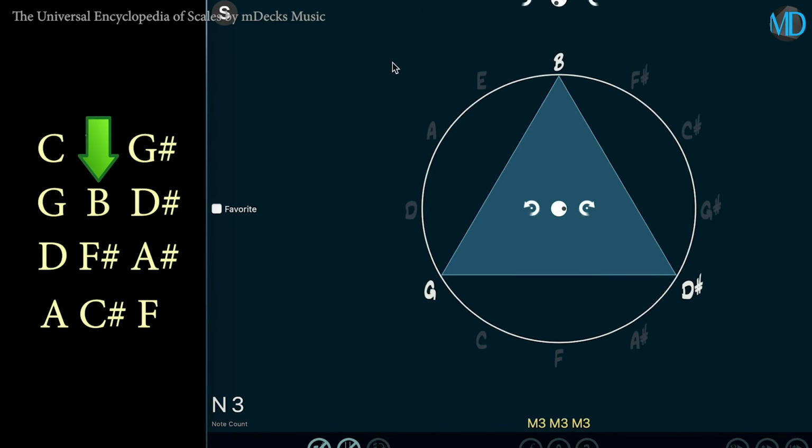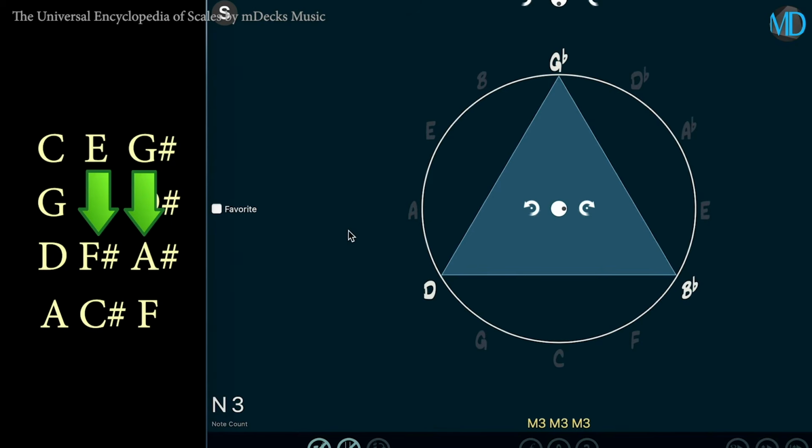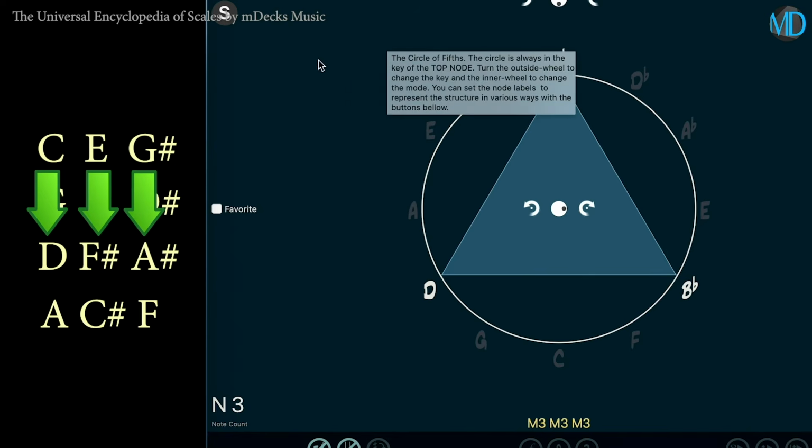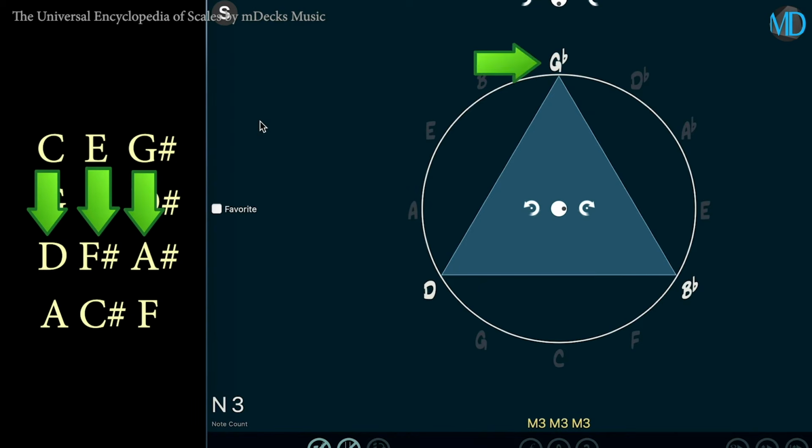Then B, D sharp, G, with the exact same notes as in the second set. Then G flat, B flat, and D, same as the third set. Remember, these are pitch classes, so G flat is the same pitch class as F sharp, and B flat is the same as A sharp.